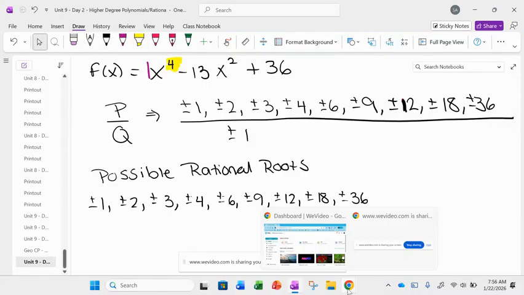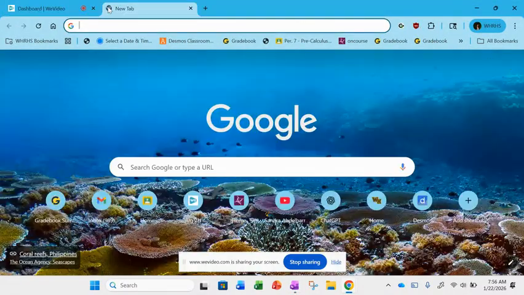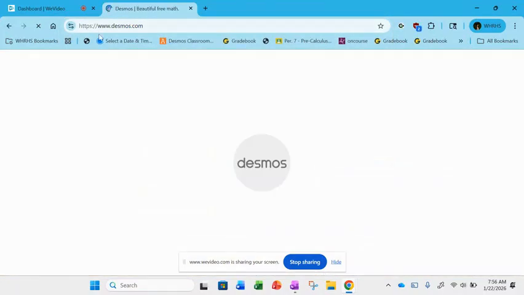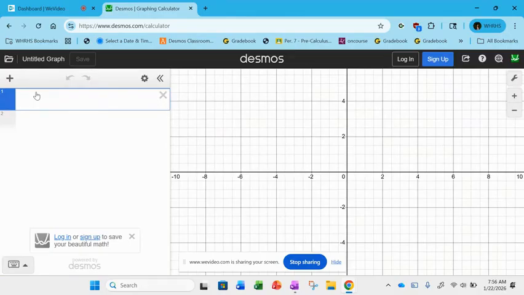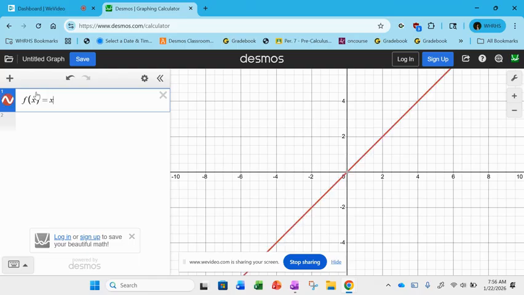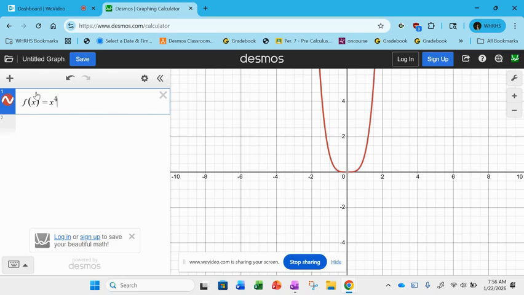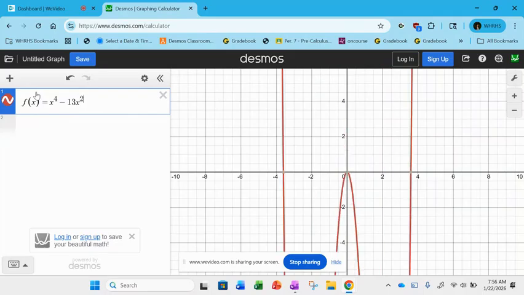Let's just go into Desmos and see. So I'm going to have f of x is equal to, I lost it, x to the 4th minus 13x squared plus 36.